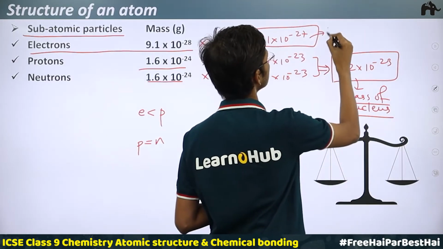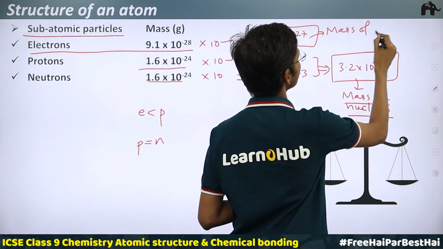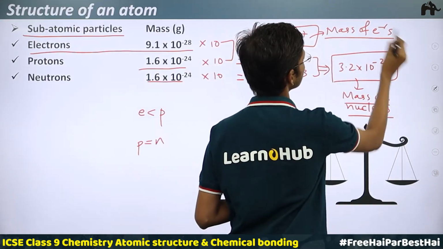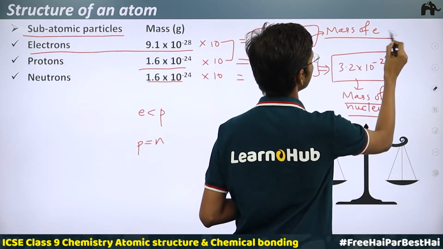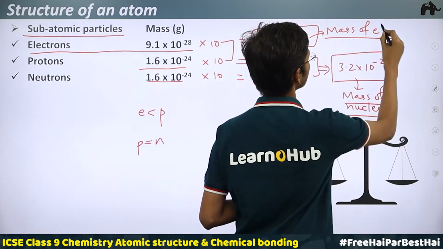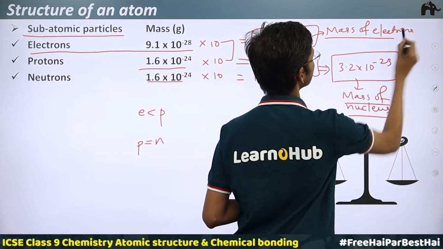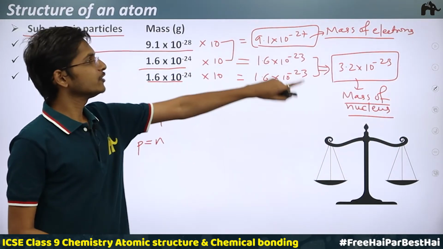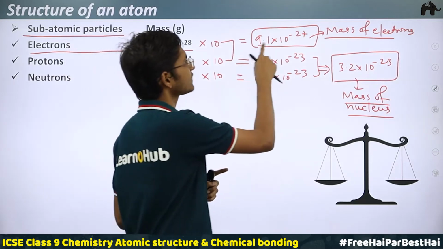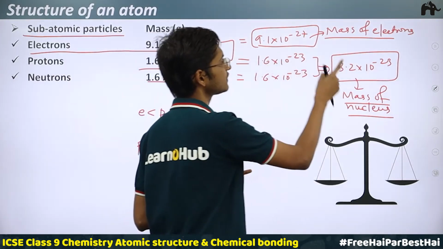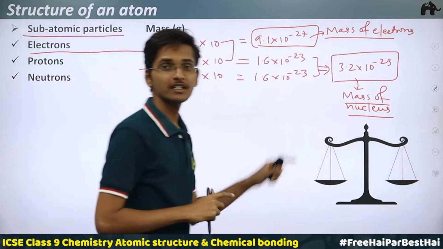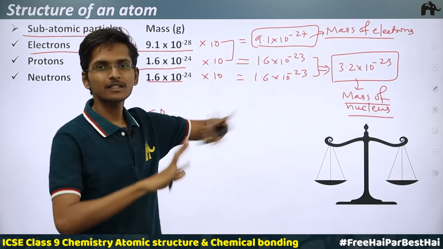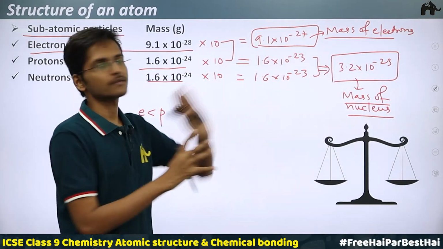This is the mass of electrons. So still you can compare and you can see this is 9.1 into 10 raised to minus 27. This is 3.2 into 10 raised to minus 23. Still the mass of the nucleus is much more than the mass of the electrons.